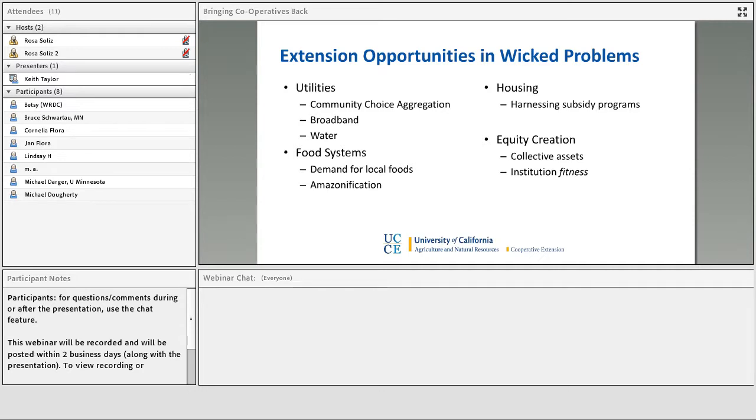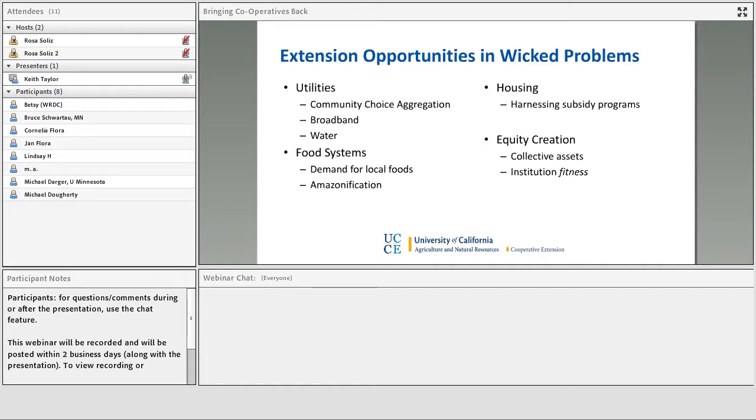This public utility here in California has not been investing in its wildfire mitigation. But when you know about the electric cooperatives throughout the rural parts of the United States, now you have an alternative. So when the investor-owned utilities fail, we can bring the cooperatives to the table and say, maybe we need to be looking at a conversion opportunity, something that's going to invest more in the public good.